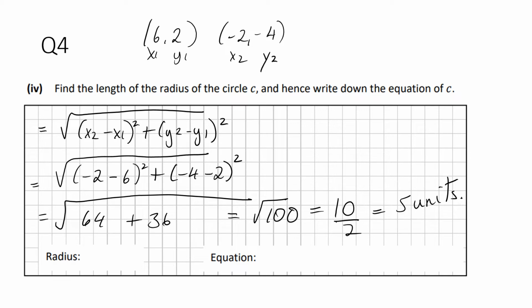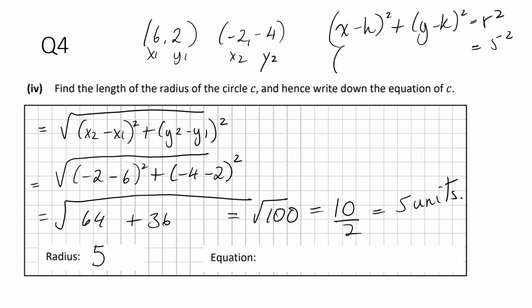What we need now is to find the equation of the circle. In our formula tables, we have x minus h squared plus y minus k squared is equal to radius squared. So we can start off by putting in the radius squared, that would be 5 squared. And then our center is actually our midpoint from above, which was 2, minus 1.